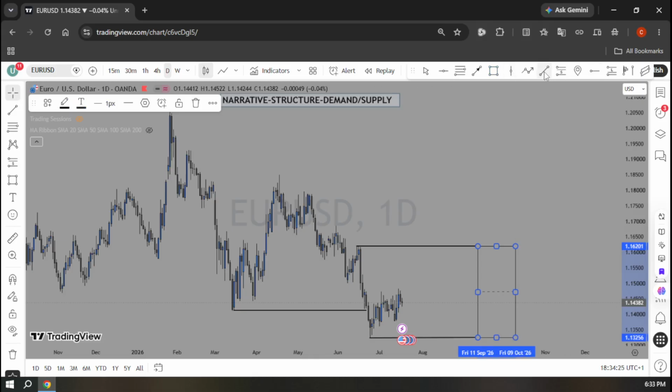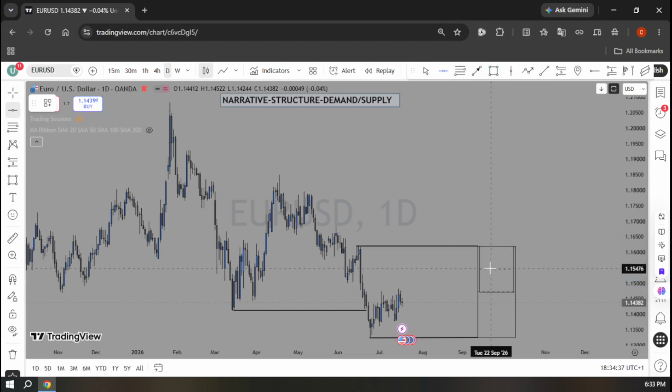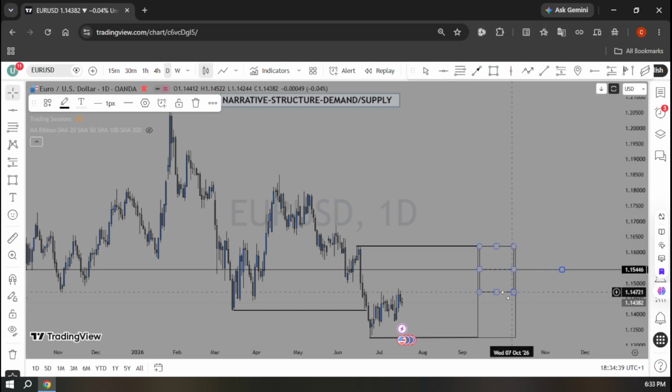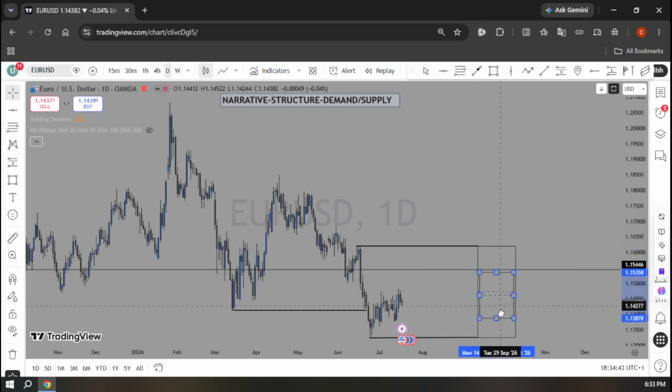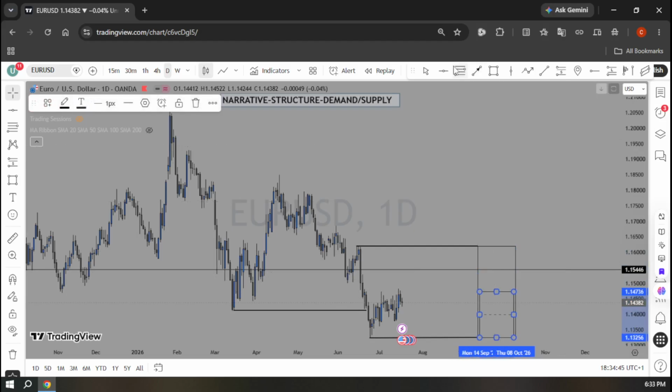Then we separate this. This is the midpoint of the premium pricing, and this is the midpoint of the discount pricing.